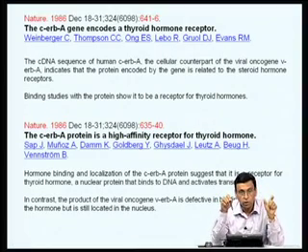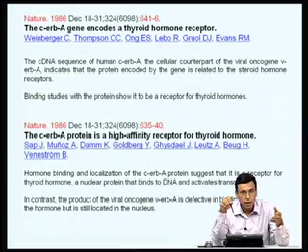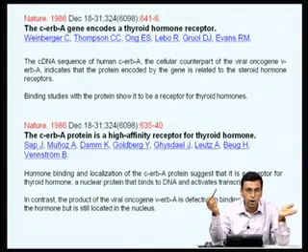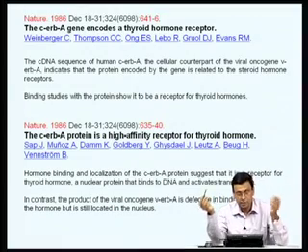So, they took the gene coding for the thyroid hormone receptor, did what is called in vitro transcription and translation, that is, you take the RNA, translate it in vitro, and this in vitro translated protein was able to bind to thyroid hormone. So, here is a viral oncoprotein involved in cancer that seems to be binding to thyroid hormone, clearly saying that there is a link between hormone signaling and cancer.